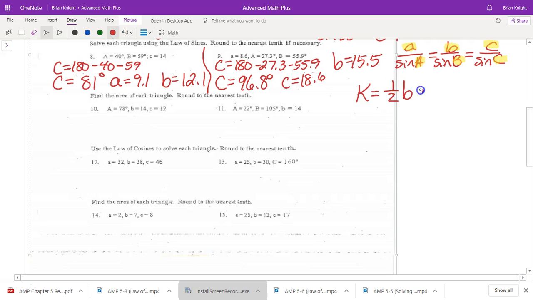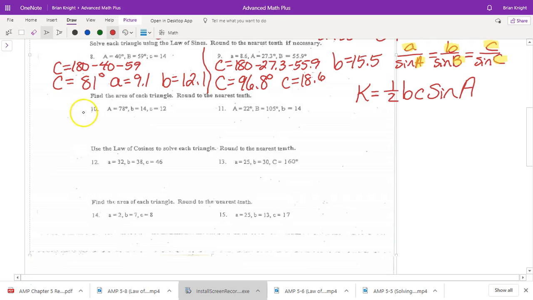So 1/2 b times c times the sine of what? A, the angle they give you. And again, those letters can change, but the pattern does not. It's always 1/2 the two sides they give you times the sine of the angle they gave you.